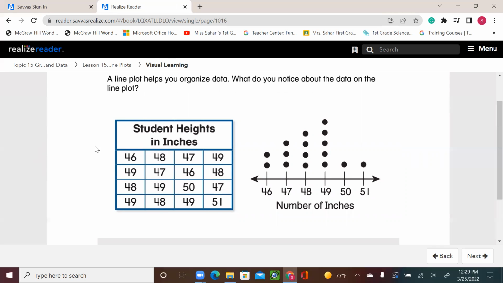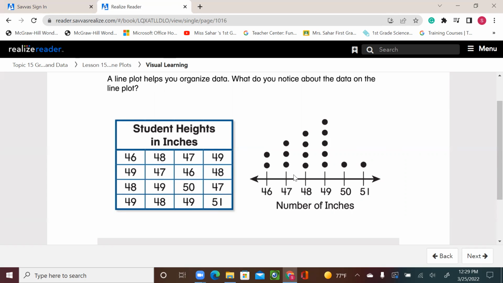All right, since we have this information and we need to organize it, we know that the line plot will help me do that. So I have my measurements. I know that the lowest height I have is 46, so I'm starting there, and I know the highest was 51, so that's what I'm going to measure and put my numbers on.